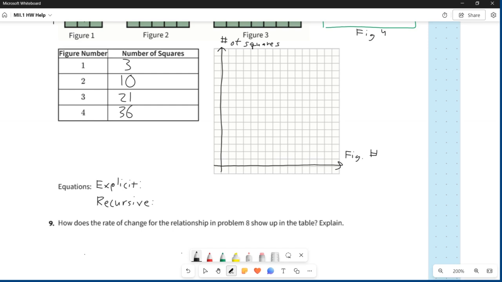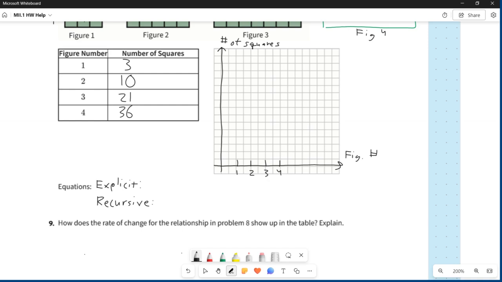Now we have to come up with a scale for this graph. Well, the scale for the x-axis is relatively straightforward because I only need to fit 1, 2, 3, 4. So I'll make it, every, say, 2 boxes, just to give us a little bit of space. So this will be 1, this will be 2, this will be 3, this will be 4.